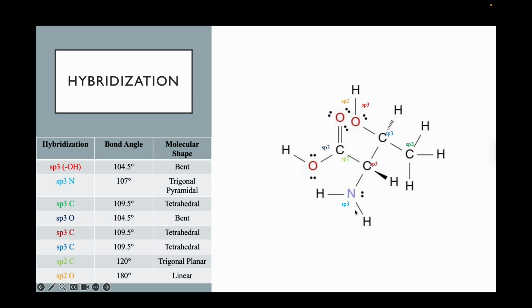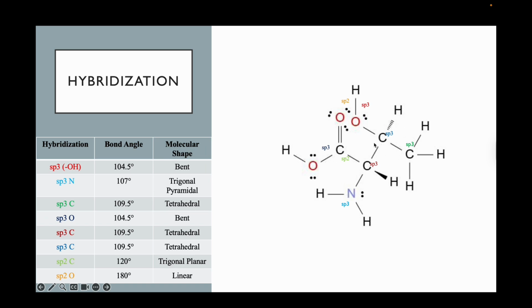left of the molecule. And we have an sp3 carbon with 109.5 degree bonding. It will be tetrahedral, and it will be found at one of the chirals, the second chiral. And then we will have an sp3 carbon, 109.5, tetrahedral, at the third chiral.